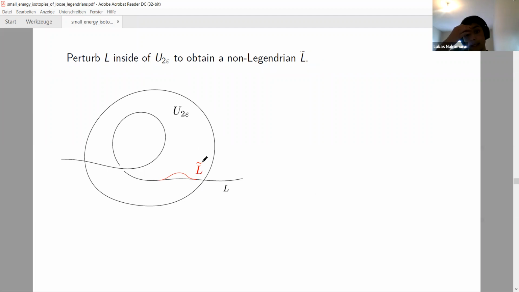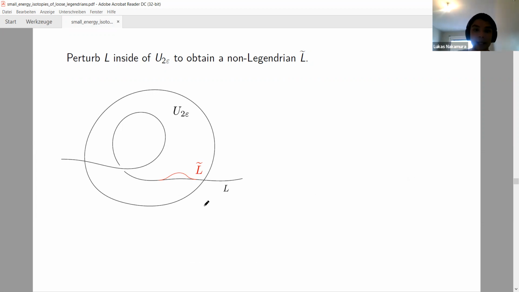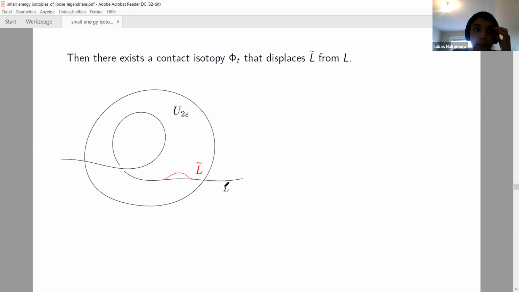Now we assumed, of course, that L is displaceable, because if we want to obtain a bound on the displacement energy, then we have to assume that we can actually displace L. Because we can displace L, it follows that we can also displace a small neighborhood of L. This means that if L tilde is sufficiently close to L, then we can also displace L tilde from L. In other words, we can find a contact isotopy which displaces L tilde from L. Now, L tilde is non-Legendrian.